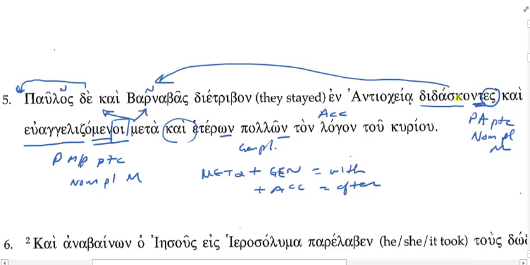Those are like things, teaching and preaching. But there's no such likeness of two things being joined by this kai. So this kai is not the conjunctive kai of "and," but more of an adverbial kai that would be rendered as "also" or "even." So what do you think here? Yeah, also. So teaching and preaching with many others also the word of the Lord. Okay? Does that make sense? All right.